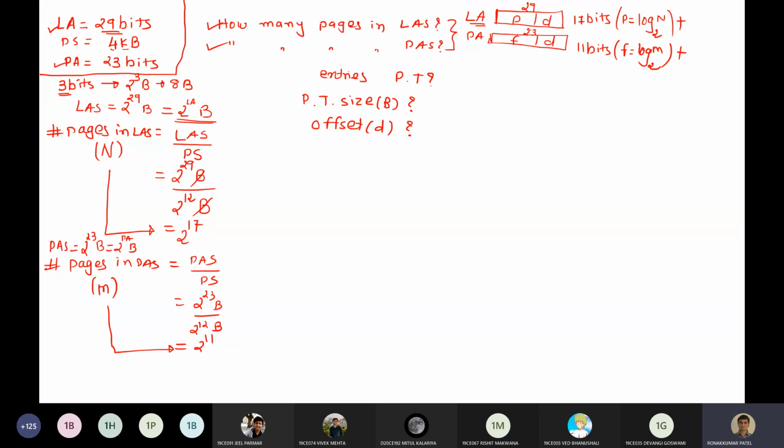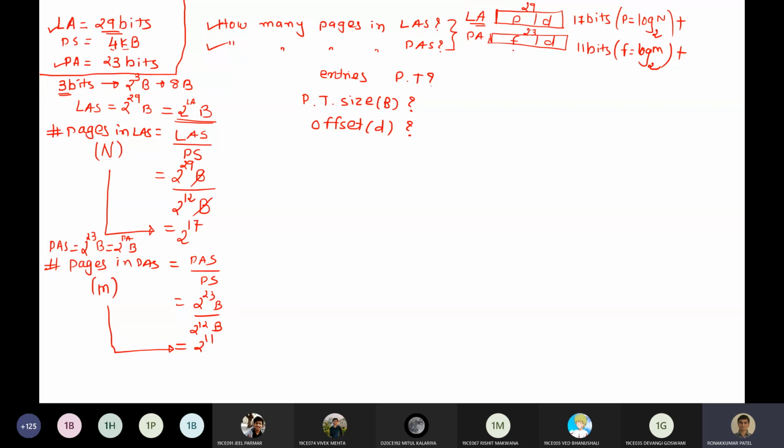Small f indicates the page number in your main memory, right? What small f says, and we are right now considering frame size equal to page size, is the number of bits required to address each page in physical address space.